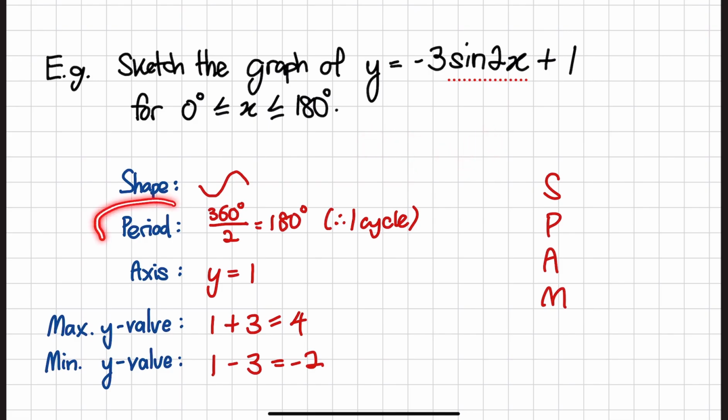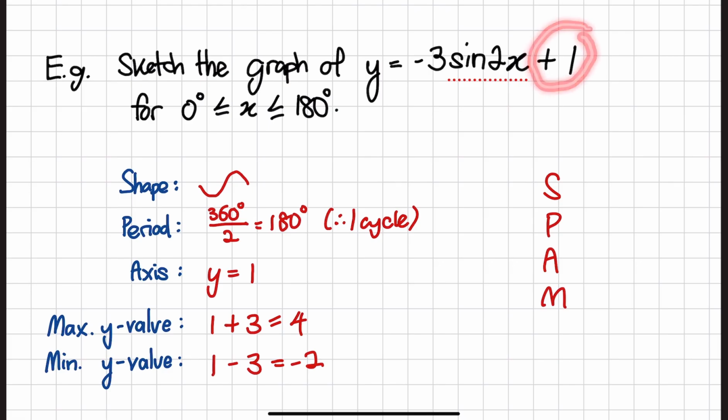Secondly, P stands for period. Period for sine is 360 degrees divided by b. B in this case here is 2, which means I get 180 degrees, and therefore this means for this range here, I need to draw just one cycle of this shape. Next part, axis. Axis just means the number added or subtracted to your trigo function. In this case here, there's 1.